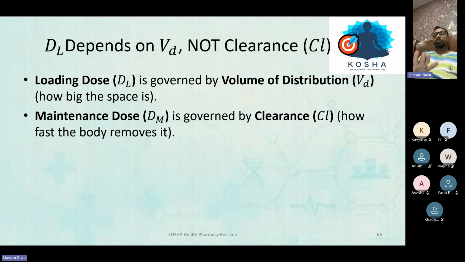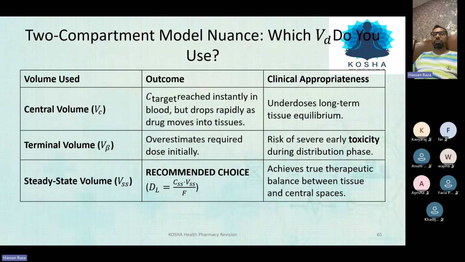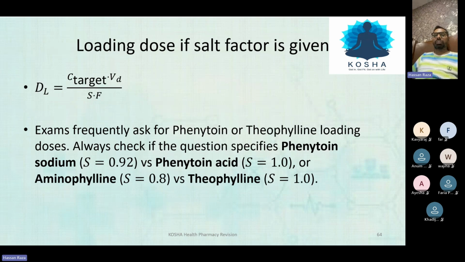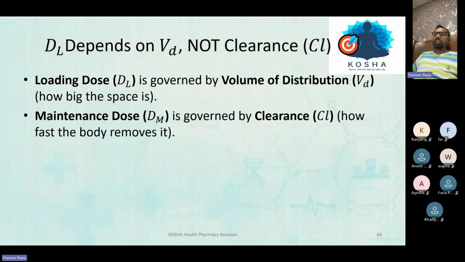We do not recommend adjusting the loading dose because we know loading dose does not depend upon the clearance. It only depends upon the volume of distribution, as I've told you, and the target concentration which you want to achieve. So clinically, you have to remember that you do not have to adjust the loading dose if a patient has renal impairment or hepatic impairment.